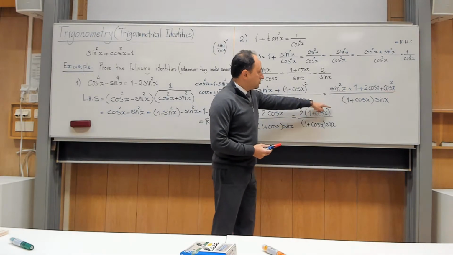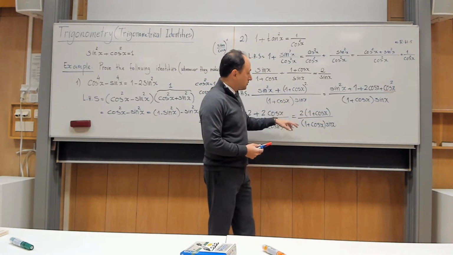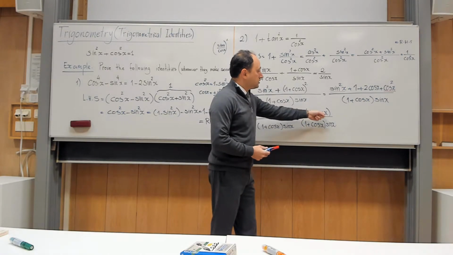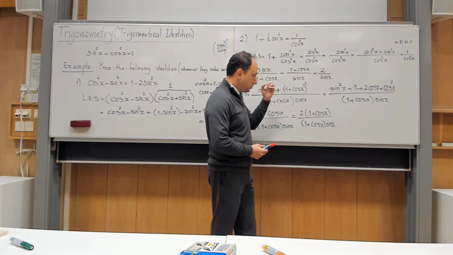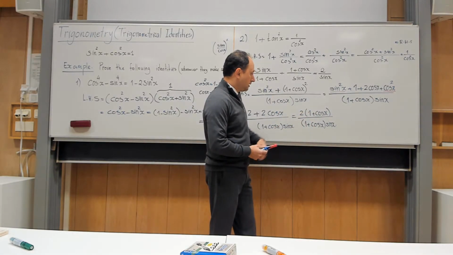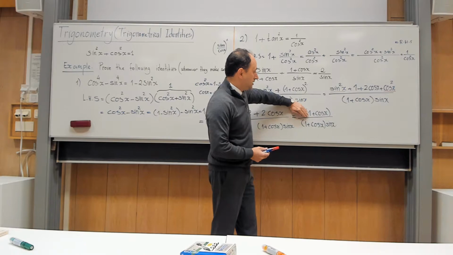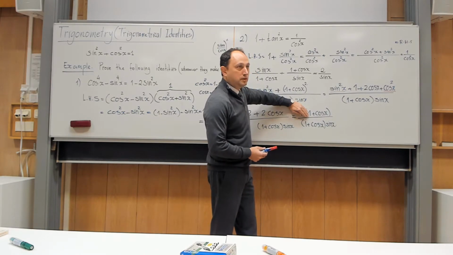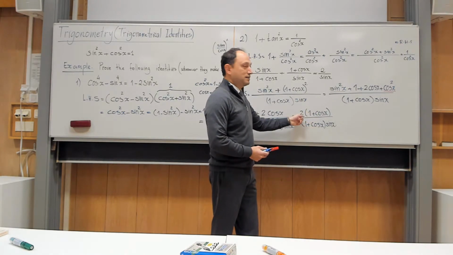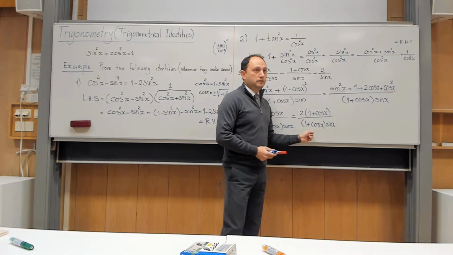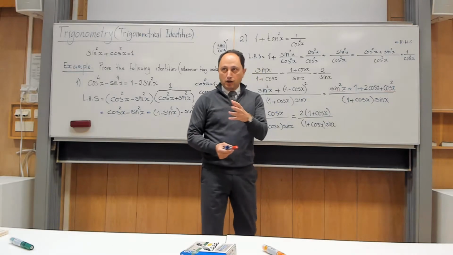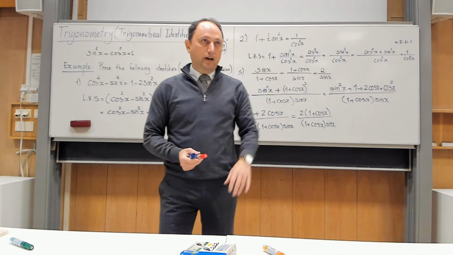If I ask you to read this in English, what is this structure? You would say this is a product between 2 and 1 plus x. So you read it as a product. If I just ask you to read this, you would say this is a sum. But if I ask you to read this, this is a product. And is this one a sum or a product? It's also a product. So if you have products, then you can simplify factors.